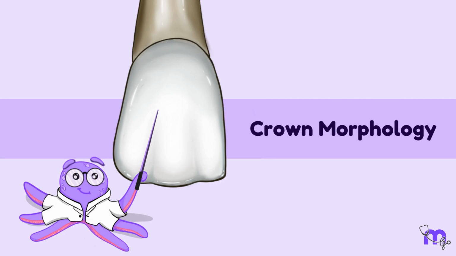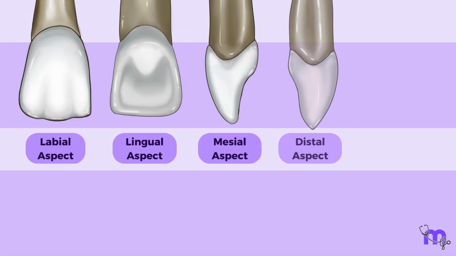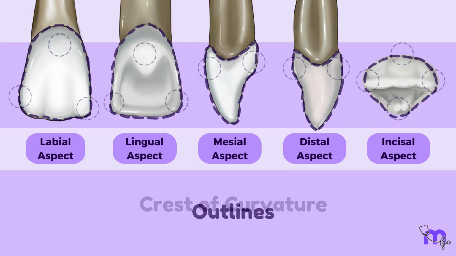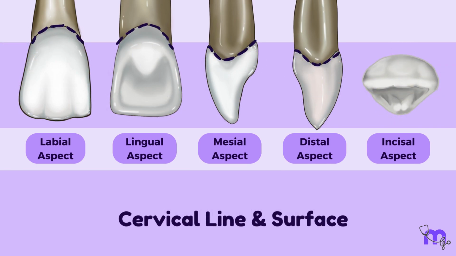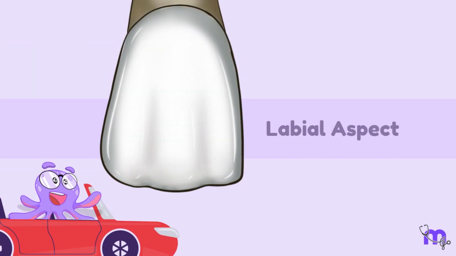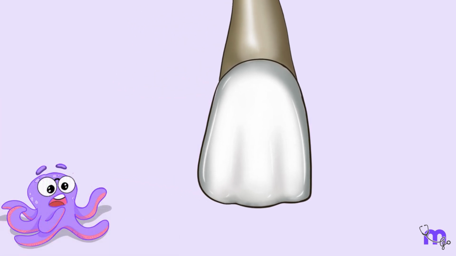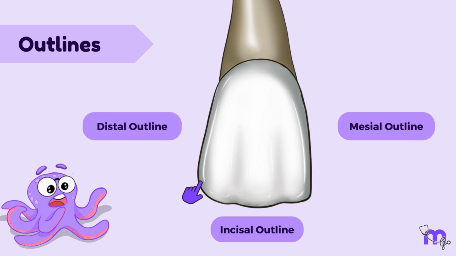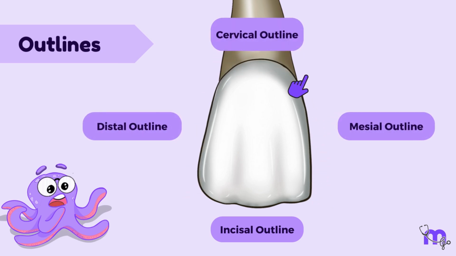Coming back to the crown of the tooth, let us discuss each aspect in terms of dimensions, outlines, the crest of the curvature, cervical line, and the surface. Let's begin with the labial aspect. If you focus on the outline, what you see is the incisal, mesial, distal, and cervical outlines.